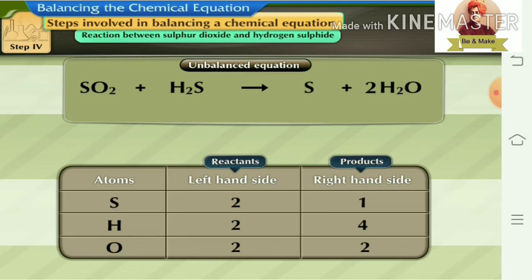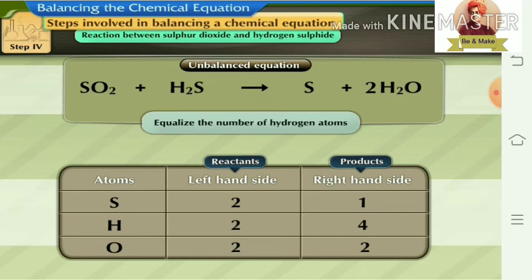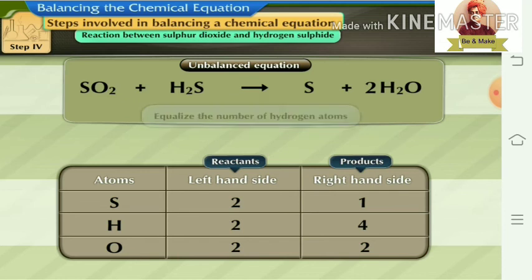Now, in order to balance this hydrogen and sulfur, hydrogen we have multiplied H2O by 2, but in case of H2S only 2 hydrogens are present, therefore we can multiply H2S by 2 so that the number of hydrogen atoms at reactant and product will become 4.